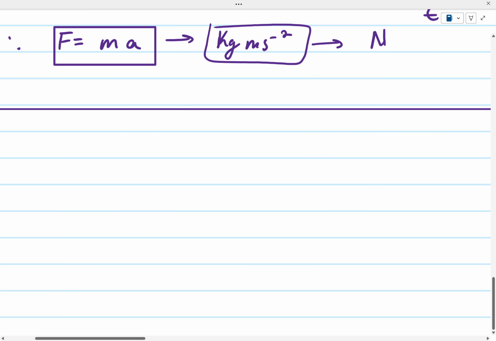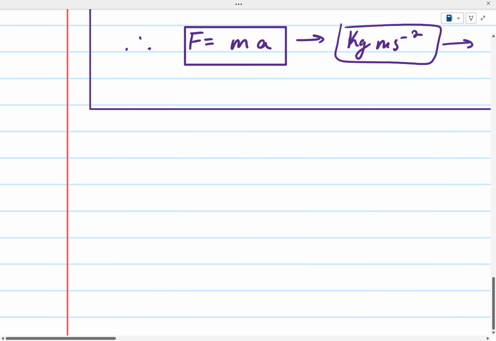All right, let's move on now. Let's cover another concept that we can get from here, going into impulse that your syllabus states. What is the impulse of a force? What would be that impulse?